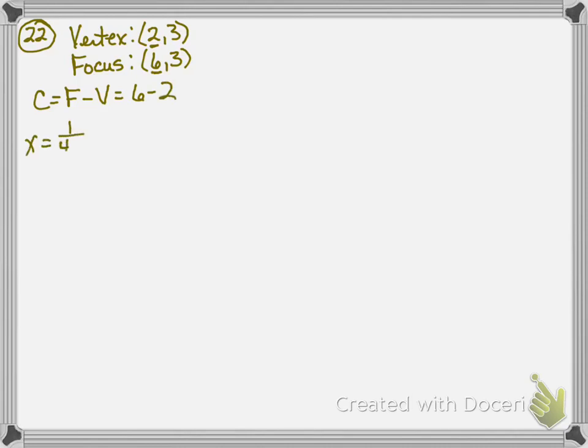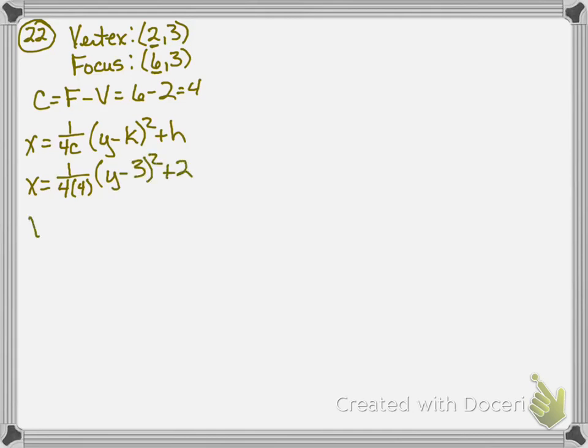My change is in my x, so it's x equals 1 over 4c times (y minus k) squared plus h. The 6 minus 2 was 4. So 1 over 4 times 4 times (y minus 3) squared plus 2, from my vertex. So x is 1/16 times (y minus 3) squared plus 2.